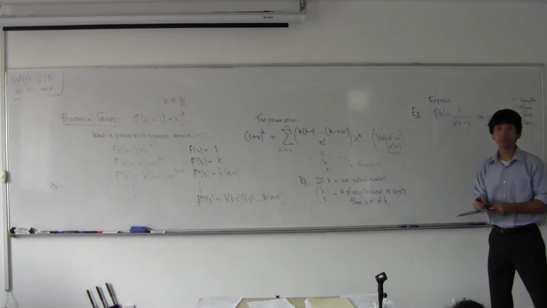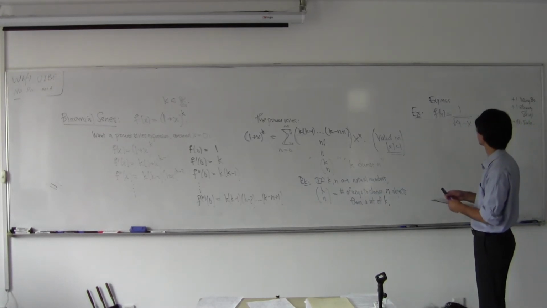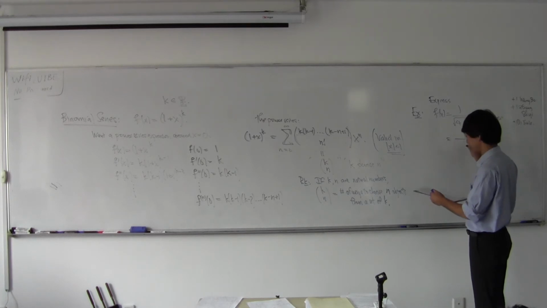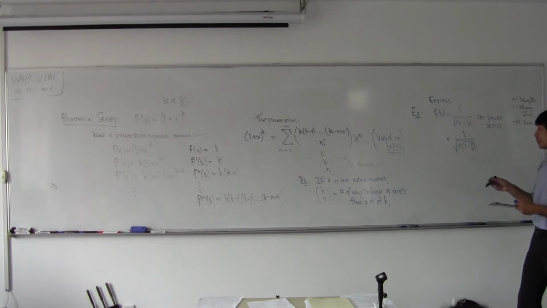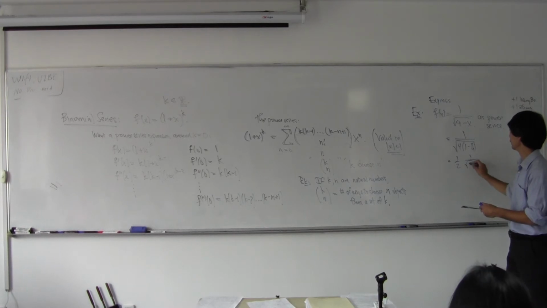And what we're going to do is be clever and use the binomial series for this. Okay. Right. So here's what we're going to do. We're going to rewrite this as the square root of 4 times 1 minus x over 4. That's to say 1/2 of 1 over the square root of 1 minus x over 4.